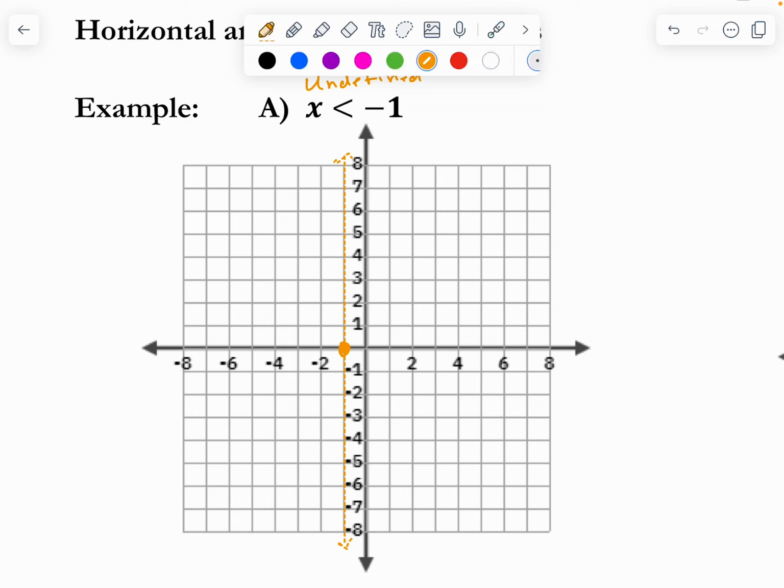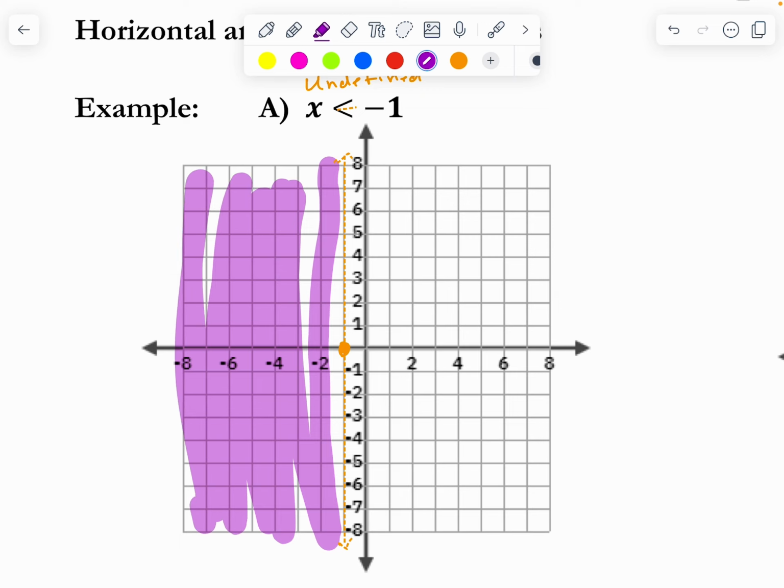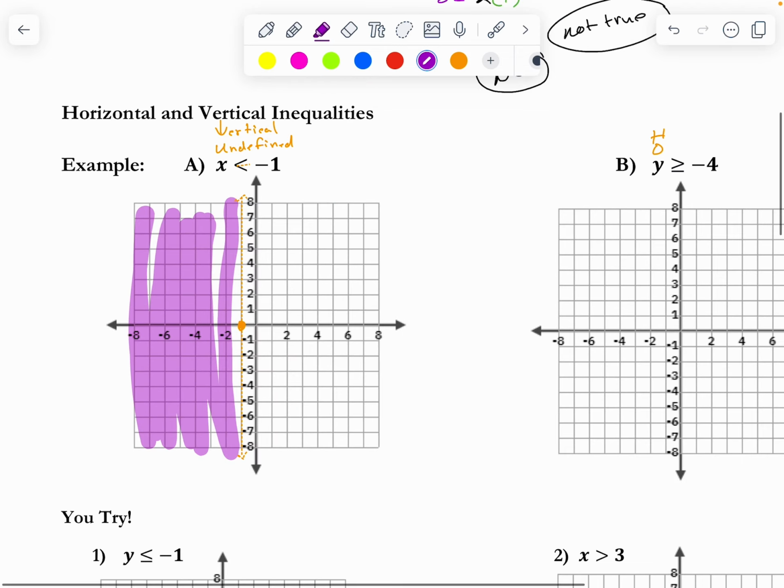So here, it almost works like my other inequalities on a number line. Here, we're going to go ahead and just shade everything to the left. And that's it. That is how we graph these. Everything to the left side.